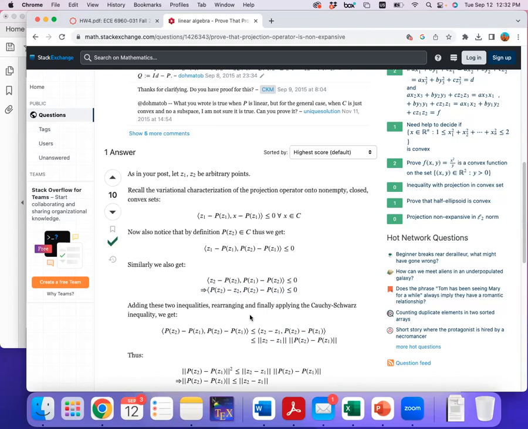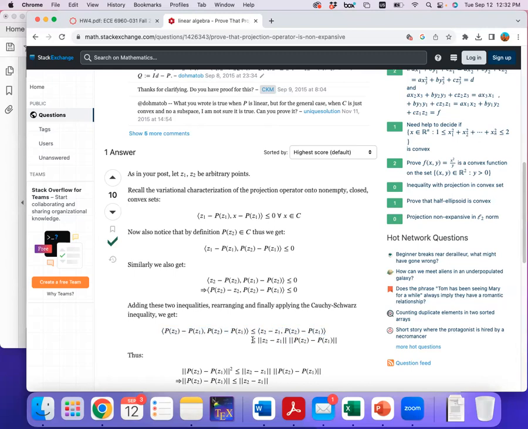On the left-hand side, it is actually P(Z2) minus P(Z1) inner product with itself. So on the left-hand side, it is basically the distance between P(Z2) and P(Z1) to the power of 2. On the right-hand side is Z2 minus Z1 inner product with P(Z2) minus P(Z1).